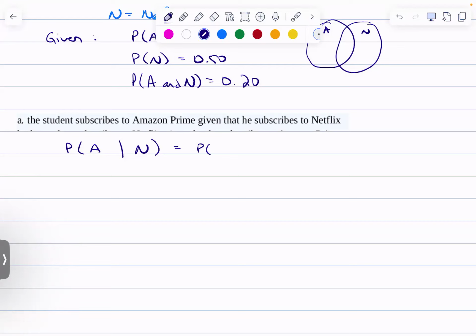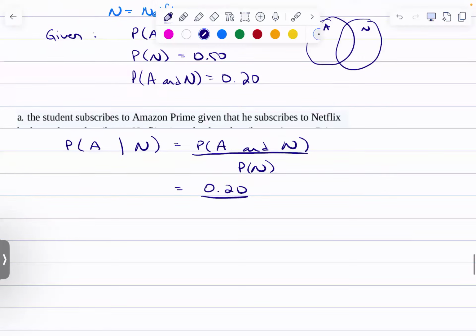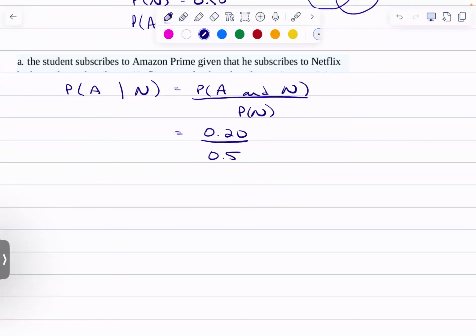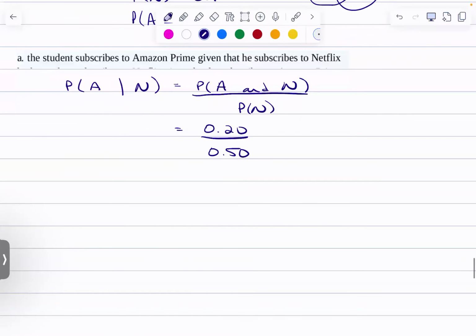I don't really see a tree happening here. And so A and N, that's good news because we have that, divided by the probability of N. 0.2 divided by the probability of N, which is 0.5. 0.2 divided by 0.5 is 0.4, which is nicer to think about, I think, in terms of decimals than fractions.